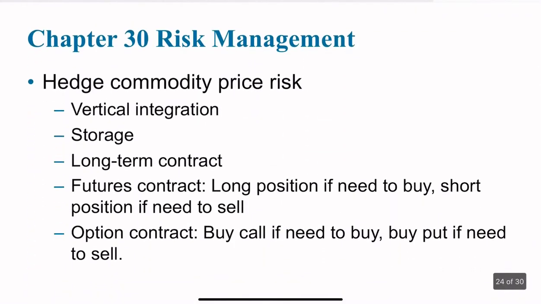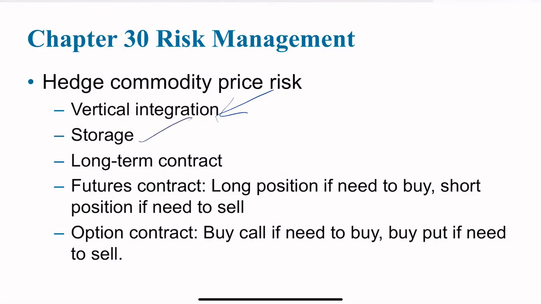And then we have three topics about hedging. The first is about hedging commodity price risk. We have these different methods for hedging commodity price risk. Vertical integration, which means if you integrate with your supplier, you can at least partially mitigate the price risk from your supplier, right?